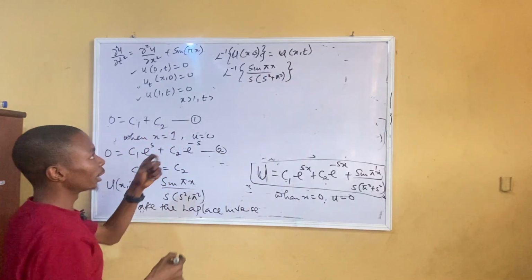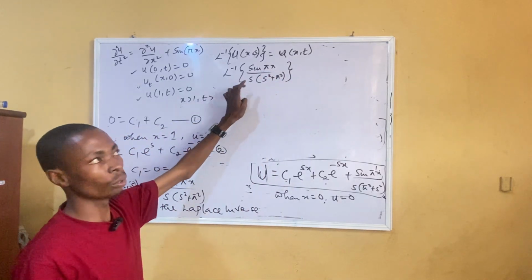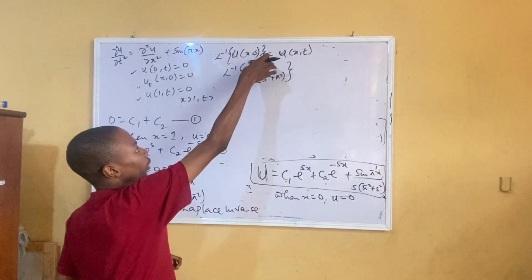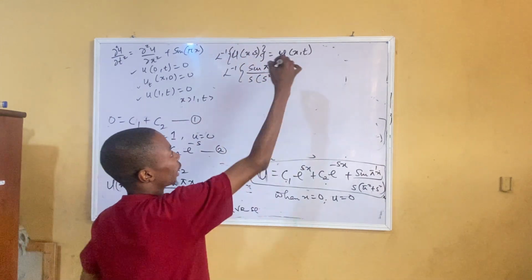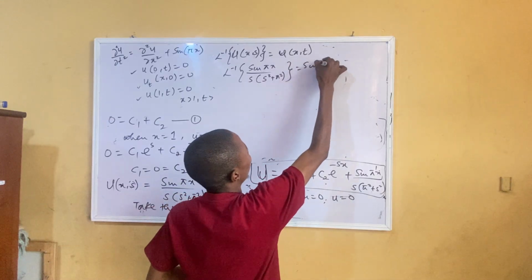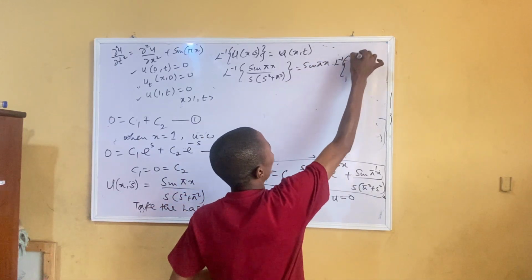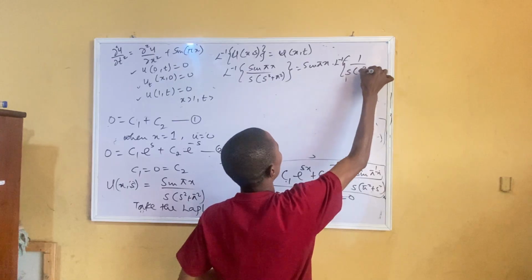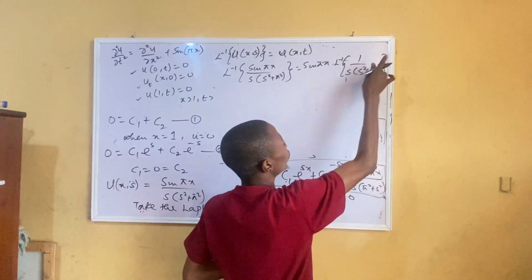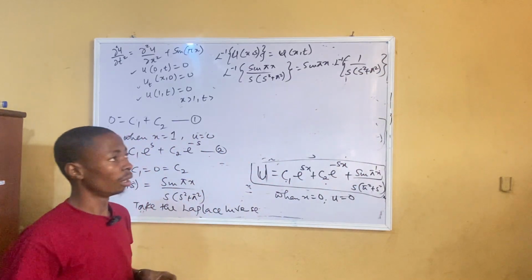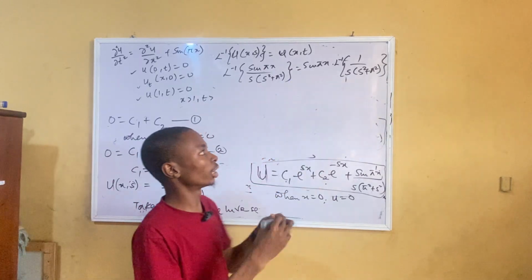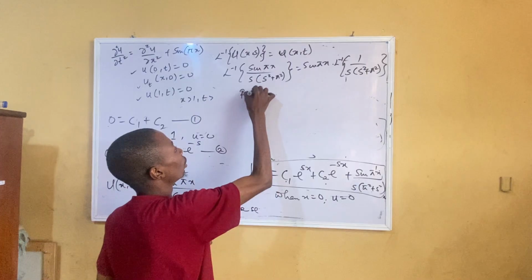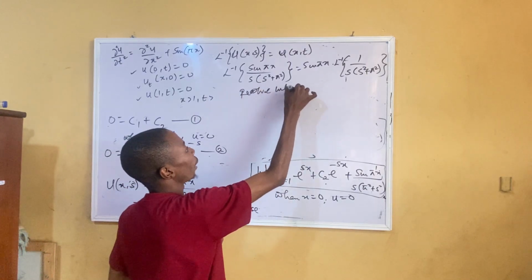How do I take the Laplace inverse of this function? The sine pi x part will be constant, so this is sine pi x times the Laplace inverse of 1 over s into s square plus pi square. How do we move from here? We resolve this into partial fractions.